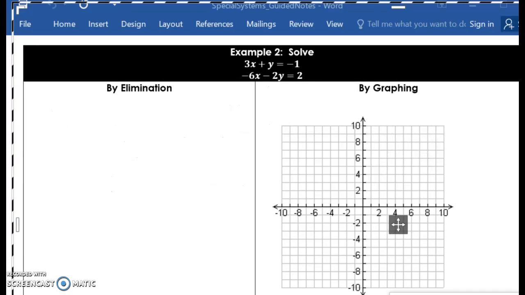Okay, let's look at this example. First, let's start by trying to solve it by elimination. So our equations are already in standard form, and the variables are stacked up in columns. What would be an obvious way to eliminate one of the variables?